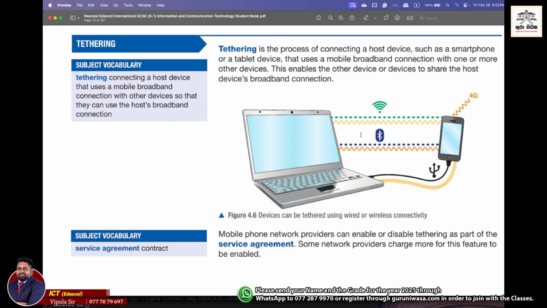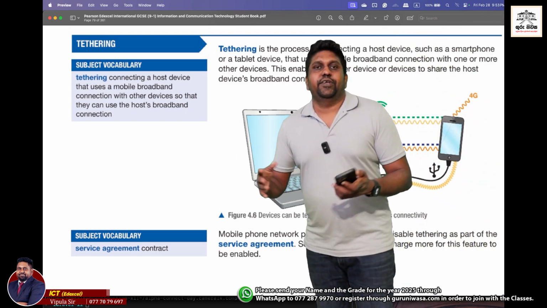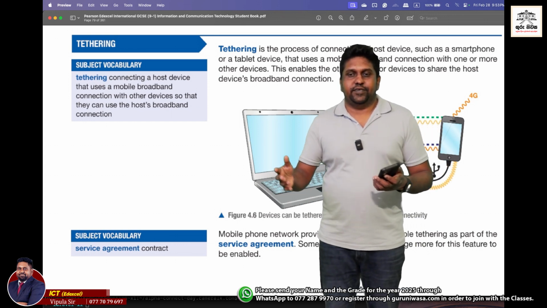Then this particular host device will use whatever services you are going to provide, and it will utilize that to perform some sort of an activity. Okay, that's the definition. So tethering is basically connecting a device to a host device.